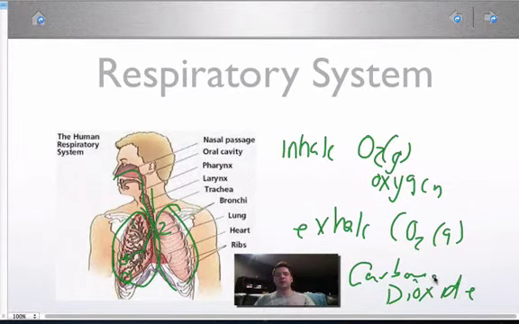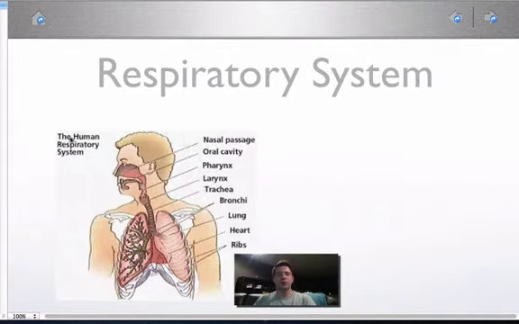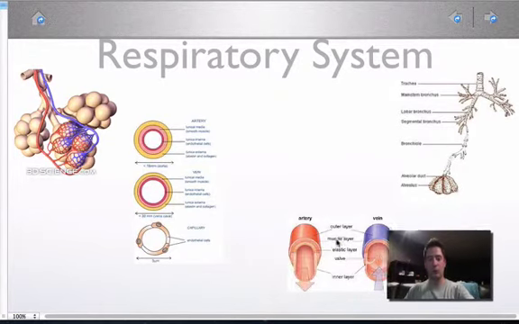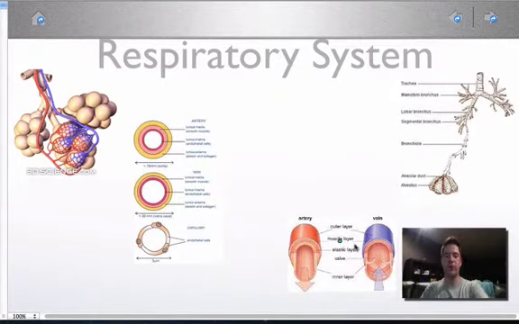So we inhale oxygen, exhale carbon dioxide. We want to get the carbon dioxide out and oxygen in because our muscles need the oxygen, and also the carbon dioxide throws off our pH, and so it causes some problems when we want to regulate our body. In the respiratory system, we're going to be looking today at how it connects with the circulatory system.